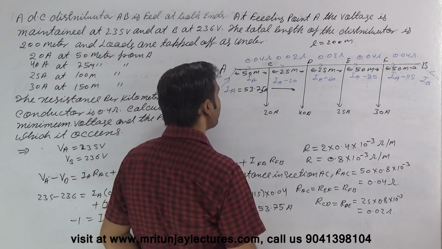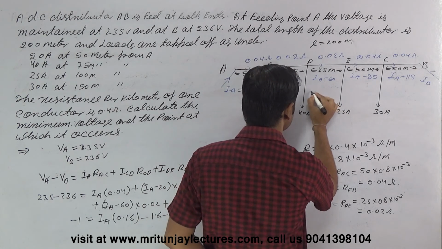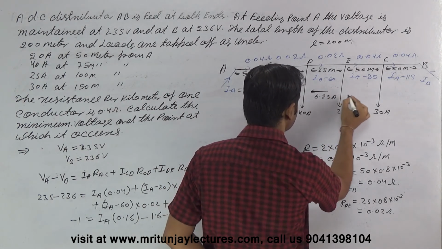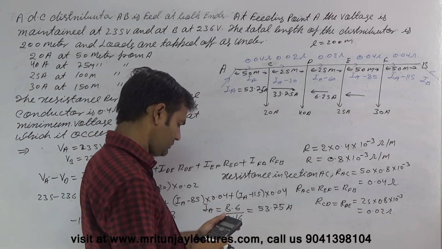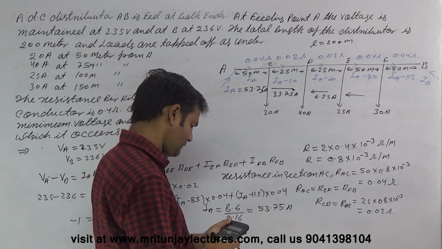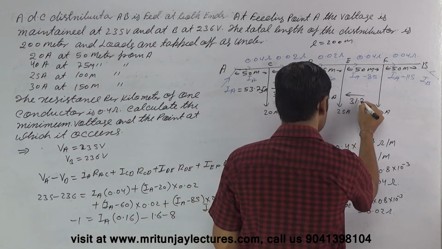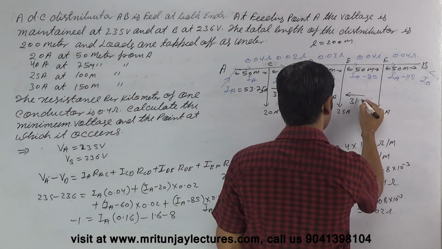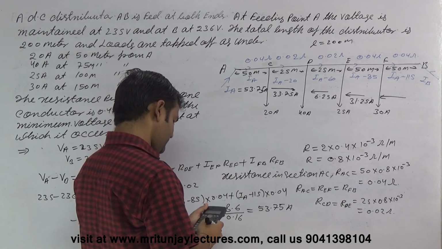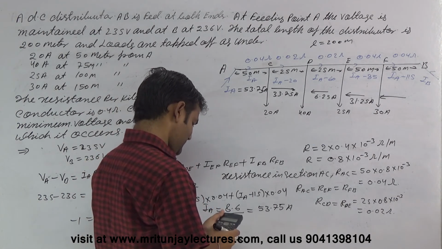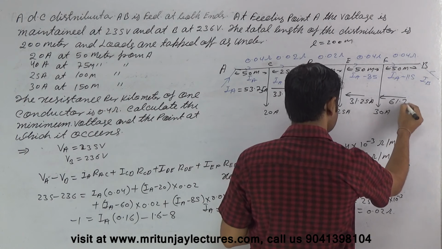Now what about the other currents? This one is 33.75 ampere, this one is 6.25 ampere. Here 53.75 minus 85, that is 31.25 ampere, sorry, 25 ampere, and here 115 minus 53.75, that is 61.25 ampere.